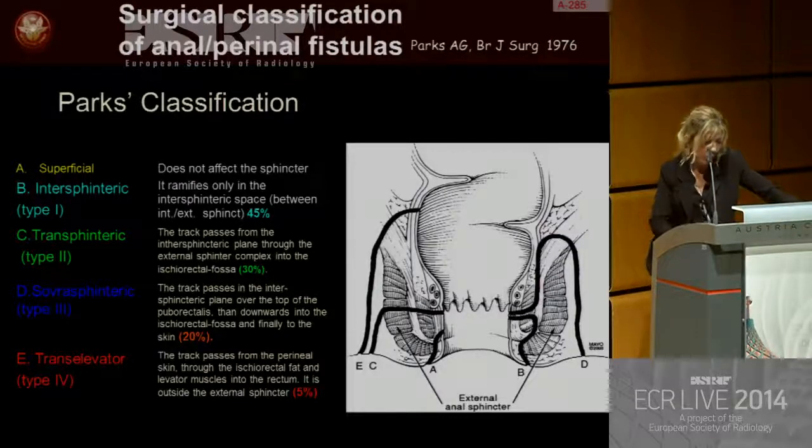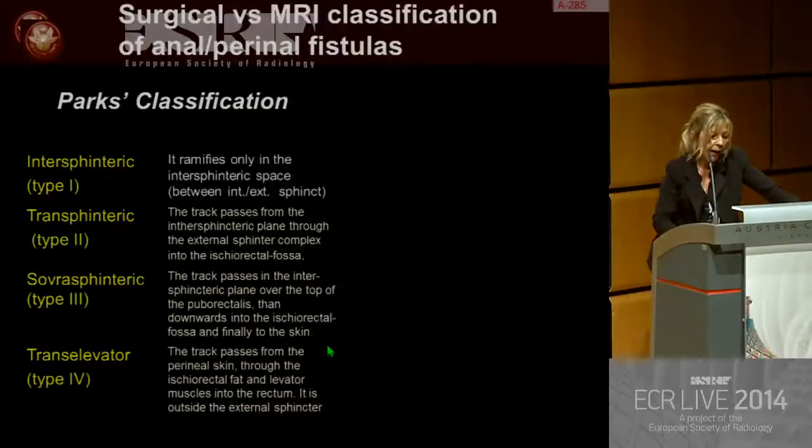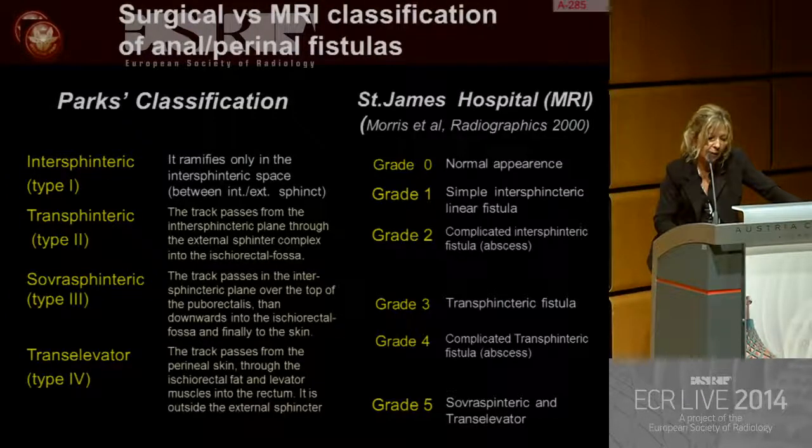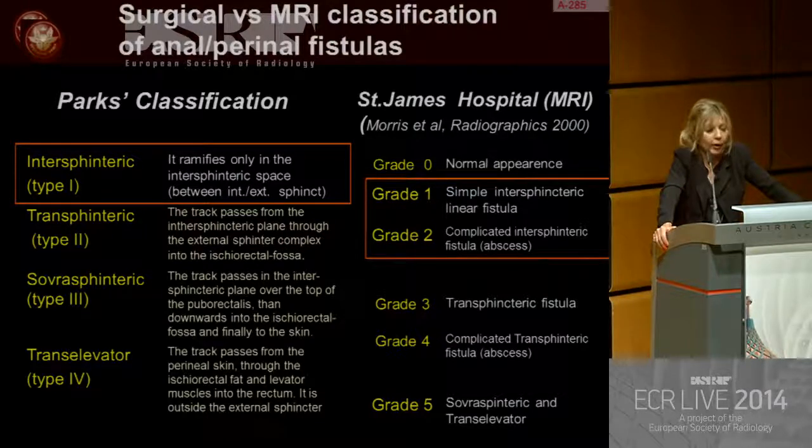I just remind you that we have a very important and widely used surgical classification, which is the Parks one, which considers four main types of fistulas: the intrasphincteric fistula passing between the two sphincters, the suprasphincteric fistula, the transsphincteric, and the translevator fistulas.